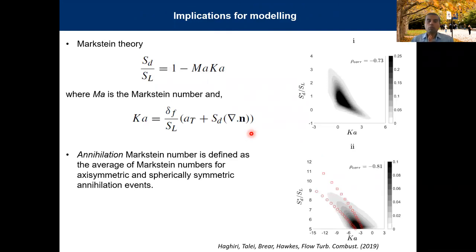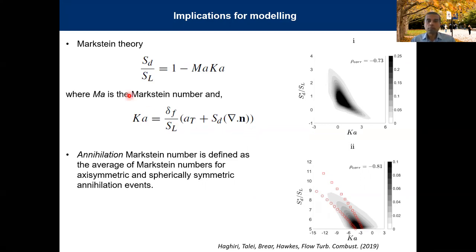So what is the implication of that for modeling? These events are important in sound generation, but why should I care about them? I'm going to explain it using a simple theory. One of the theories that have been used in the literature to develop combustion models is based on Markstein linear theory.